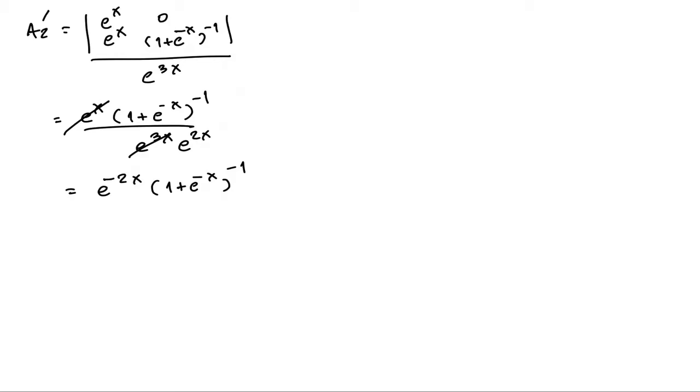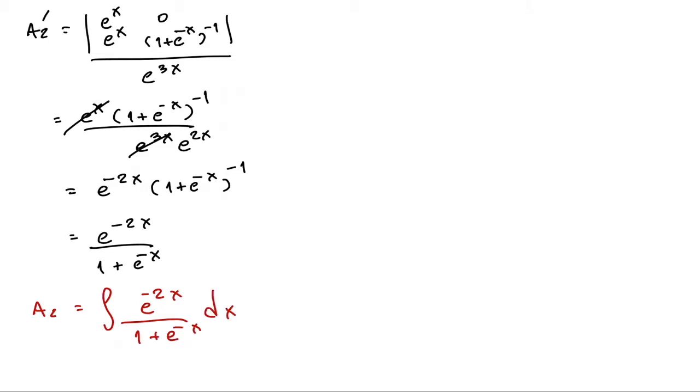Guys, let's look here. It is e to the minus 2x divided by 1 plus e to the minus x, and we have that a2 is actually the integral of this guy plus c2.